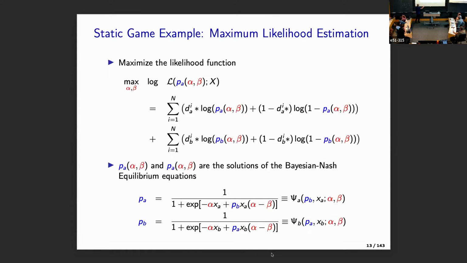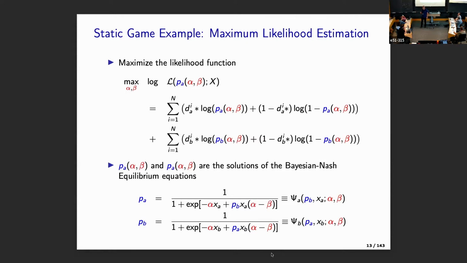And they are solutions to these 2 sets of equations. So the parameters we're looking for, alpha and beta, obviously affect this best response function, and so also the solutions. The investment probabilities here are affected by these structural parameters.